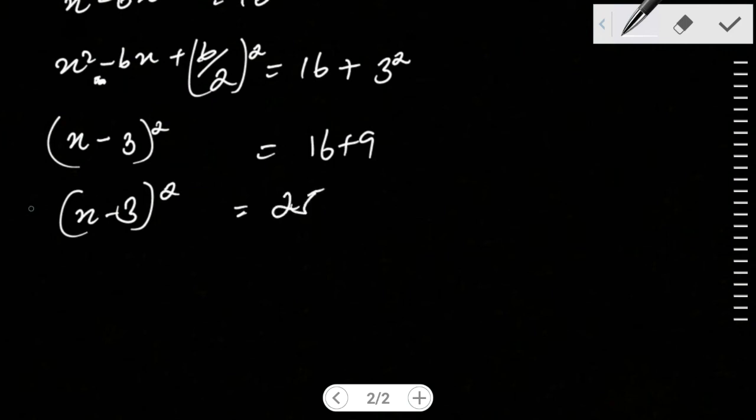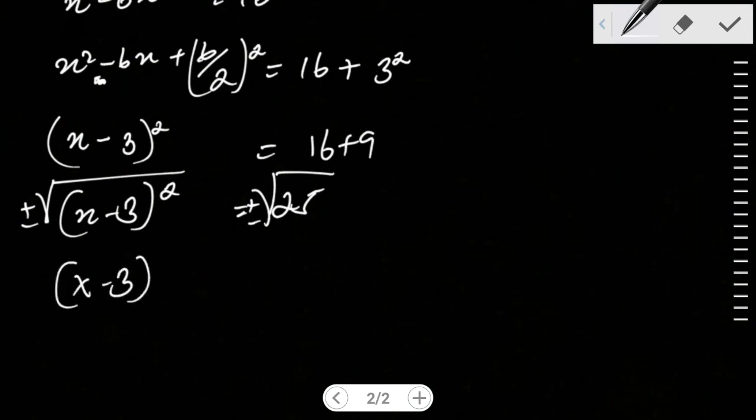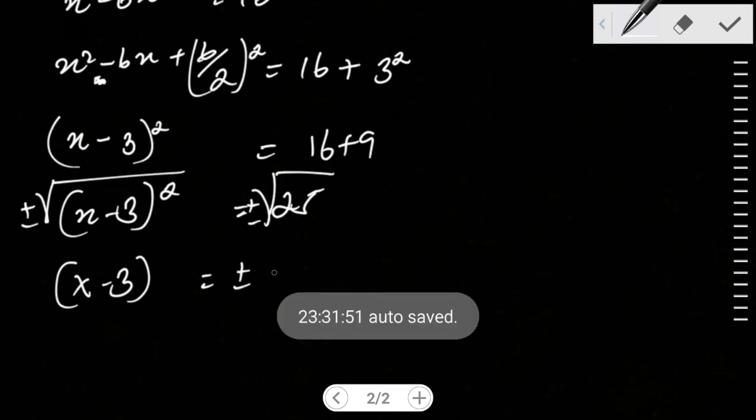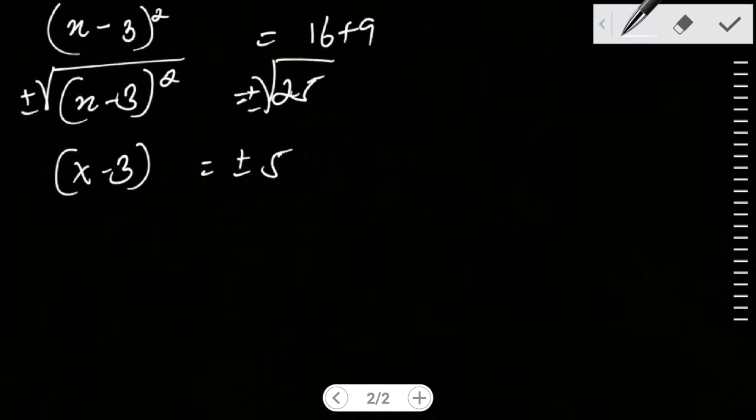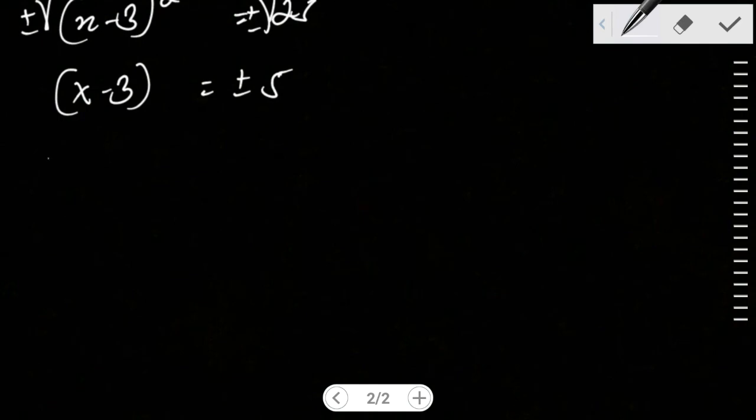Now to eliminate the square, root this side, and this would put positive or minus, therefore x minus 3 would be equals to positive or minus 5, and the value of x would be equals to positive or minus 5 plus 3.